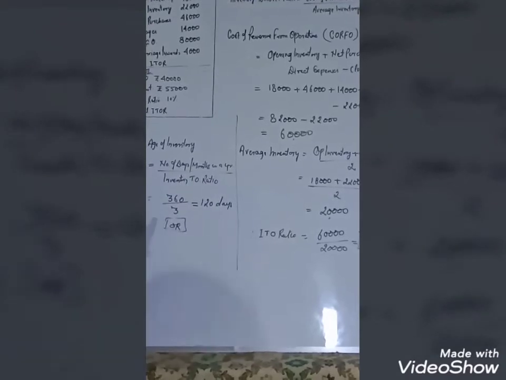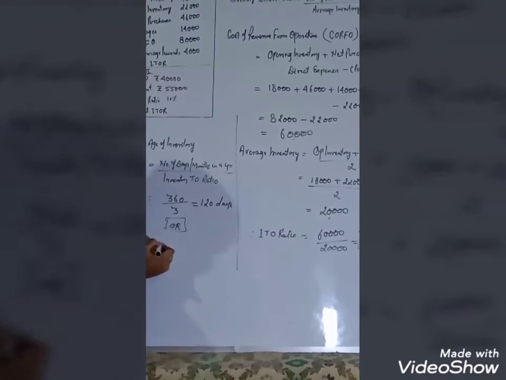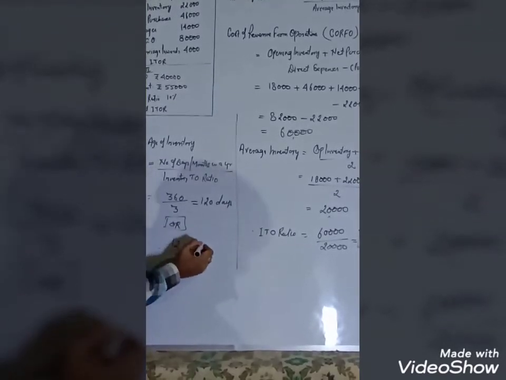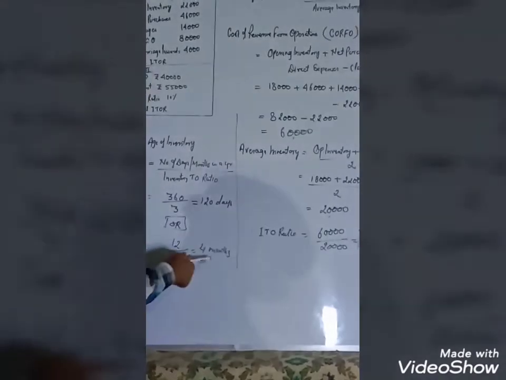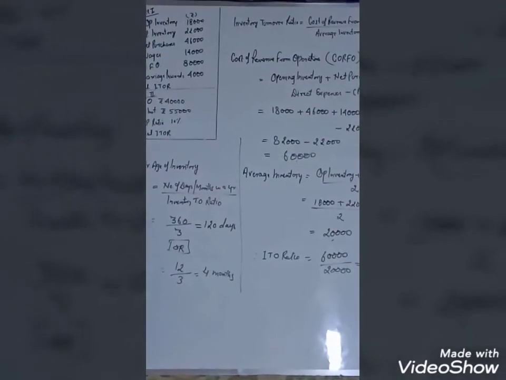Or if we have to calculate this in number of months, then the number of months in a year, 12, divided by 3, gives 4 months. 4 months are equal to 120 days.